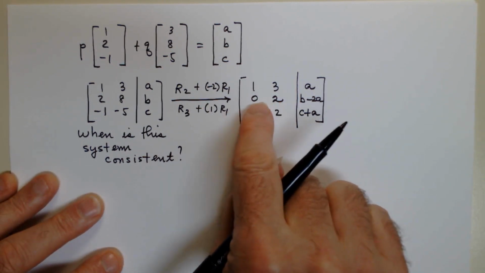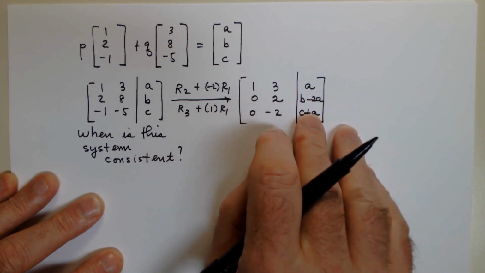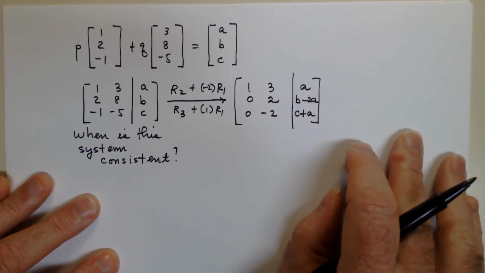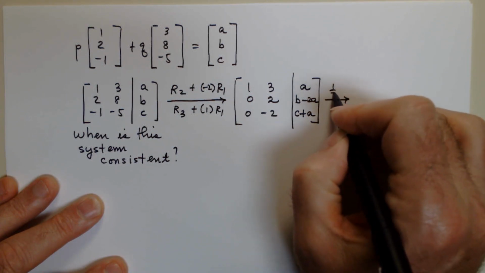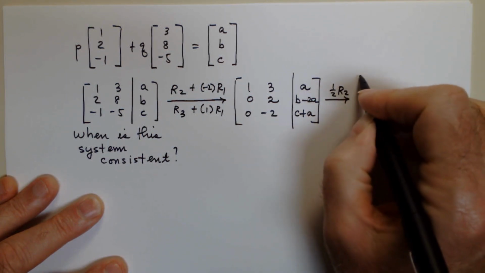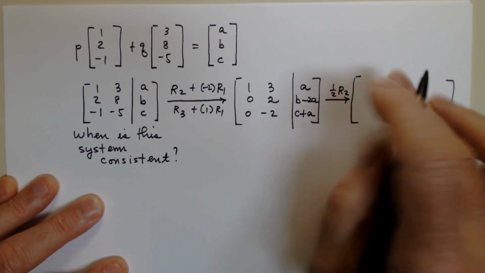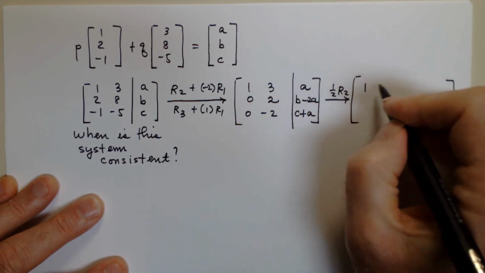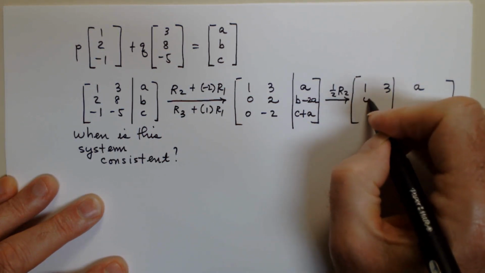Our next step is to turn this into a 1 by scaling row 2 by a factor of 1/2. This only has an effect on row 2, so I'll just rewrite 1, 3A, 0, 1.